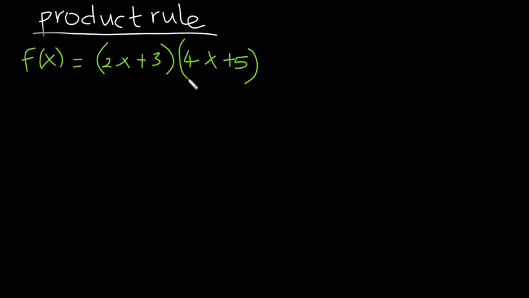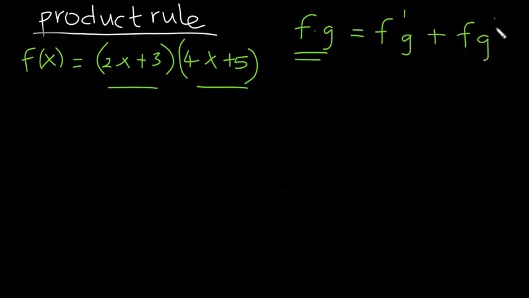Now, if we have a function that is made up of two other smaller functions, let's say it's f times g, just like we have this times this, the derivative of such a function will be f prime g plus f g prime.